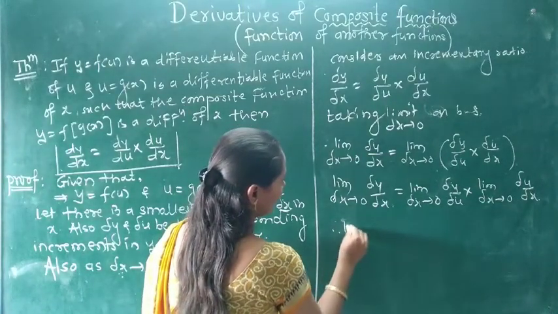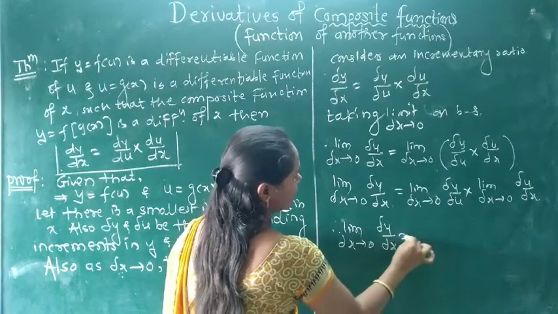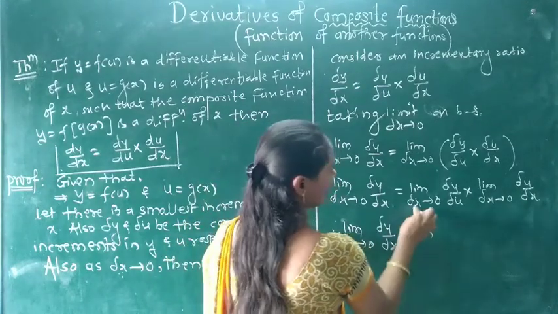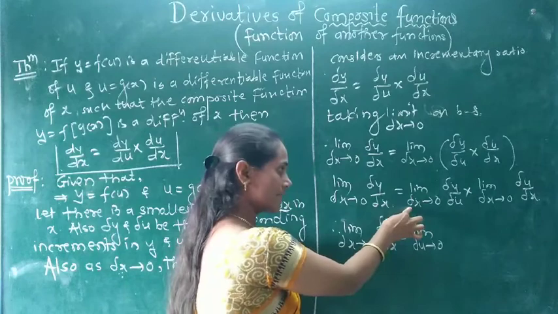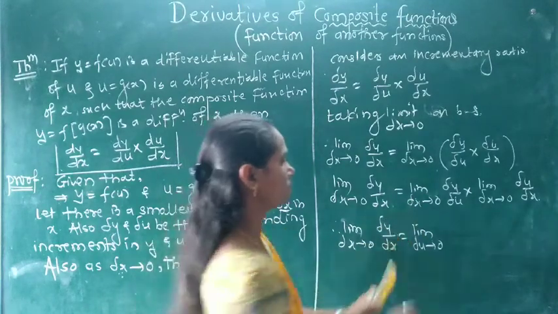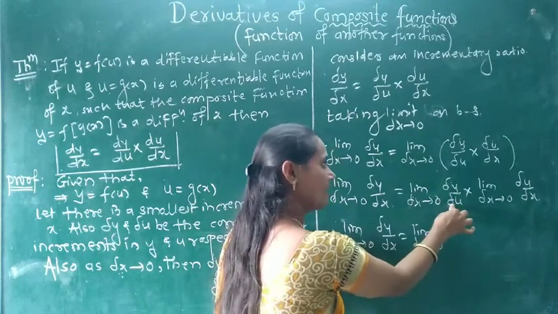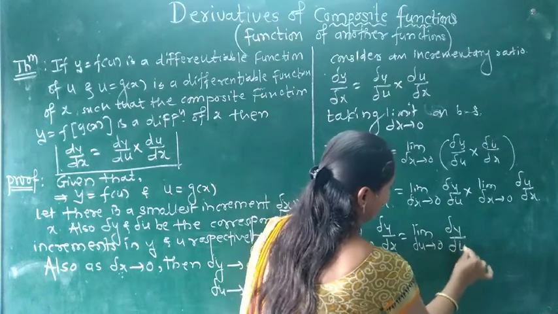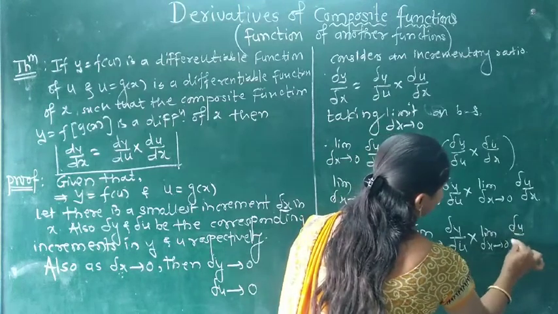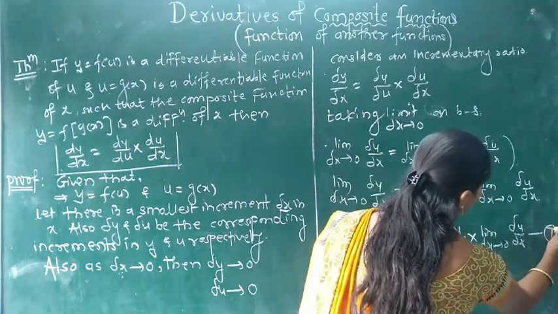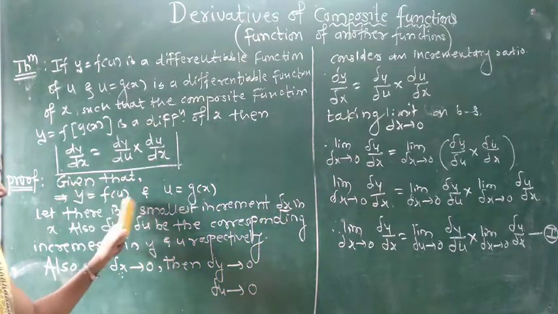Therefore we can write limit delta x tends to 0, delta y upon delta x is equal to limit delta u tends to 0, since as delta x tends to 0, delta u tends to 0, therefore we change the limit delta x by delta u, because here the denominator is delta u, into limit delta x tends to 0, delta u divided by delta x. Say equation number 1.